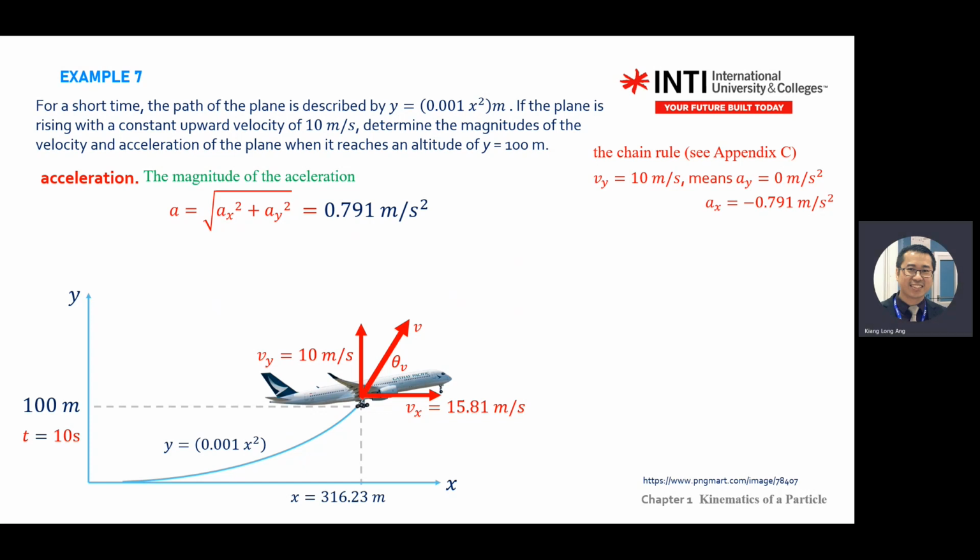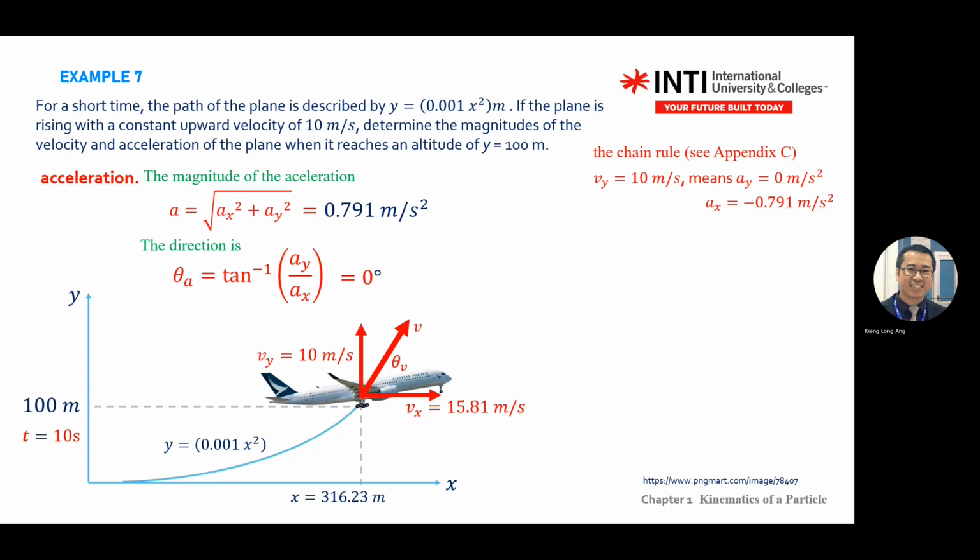Why 0? Velocity is constant vertically. That's why y is 0. So square the values and take the square root, you get back the same answer, 0.79. Direction, go up, 90 degrees. This is your y.